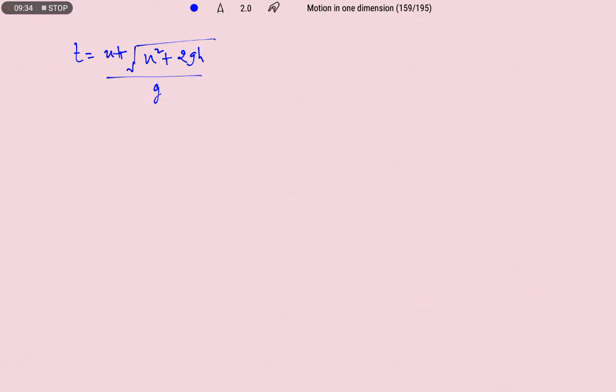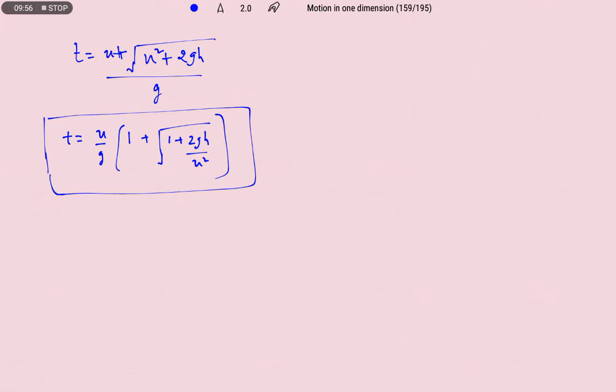Sometimes we can also rewrite this by taking u common outside, so u by g times 1 plus under root of 1 plus 2gh by u square. So this is the expression for the time taken on reaching the ground when it is projected vertically up from the top of a tower. This question is directly asked one or two times in competitive examinations.